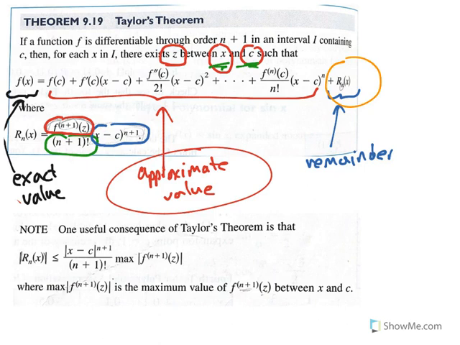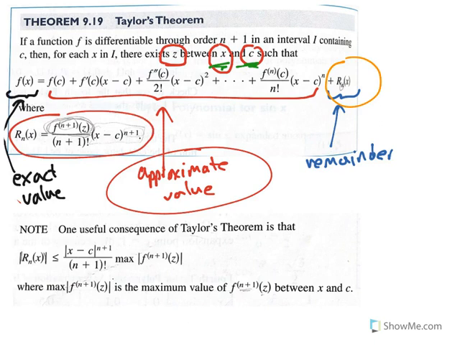So we want to put an upper bound on the error. So here's how we put an upper bound on the error. We just say, looking at the remainder from Taylor's theorem, and first of all, let me go ahead and get rid of this part here that says max.